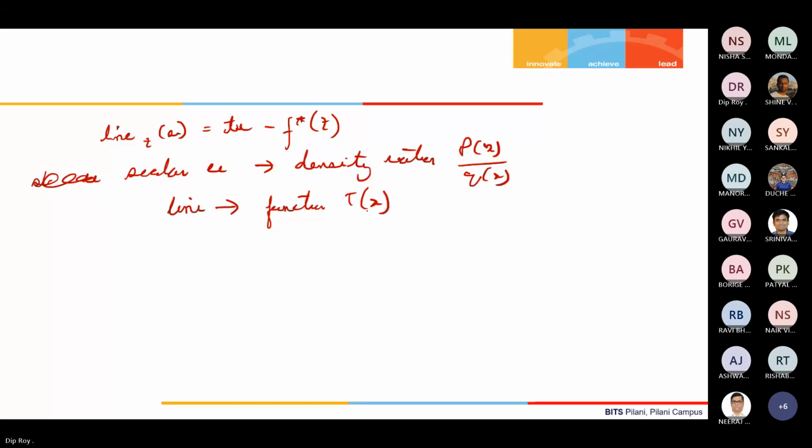And you understand that in f divergence, what was happening? F divergence is written like this.